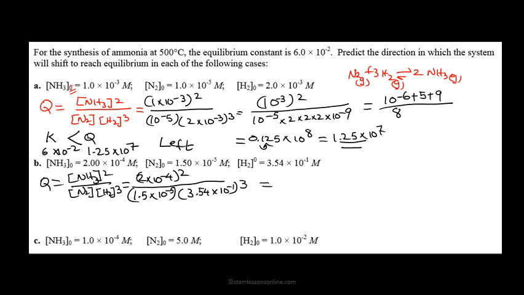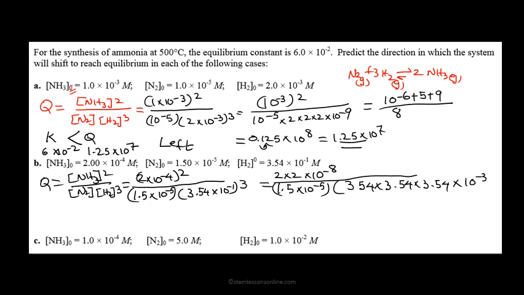So I'm expanding: 2 times 2 is 4, and 4 times 2 is 8, so 10 to the power negative 8 in the numerator, with a 4, divided by 1.5 times 10 to the power negative 5 times 3.54 to the power 3, which gives 10 to the power negative 3 because negative 1 times 3 is negative 3.